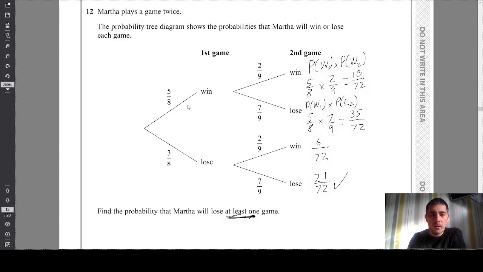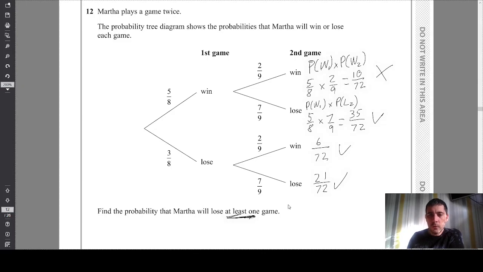Now the probability that she will lose at least 1 game, we can say she loses 1 and wins the second one, so it's still at least 1. Okay, then she could win and then lose, so that also meets our condition. And the first bit we don't need, so that doesn't follow our scenario because we need to choose only ones which have at least 1 loss. So for the last bit, add all the suitable probabilities.